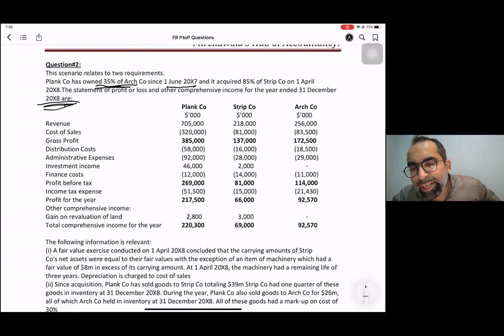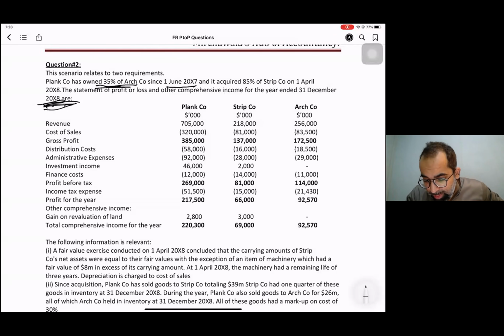After looking at the June date, what students do is start apportioning the associate's profit. Don't do it. In the income statement, you have to prepare SOCI always for the whole year. For the year ended December X8, this associate is with you for the whole year.